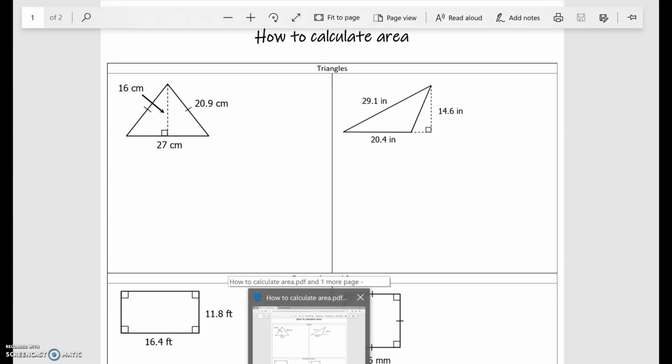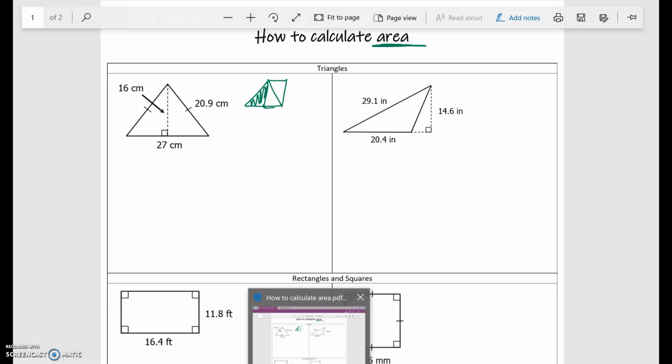When we're finding the area of a figure, area just represents the overall space of that 2D figure. The cool thing about a triangle is that if I take this triangle and cut it in half, and move it over here, we now have a rectangle.